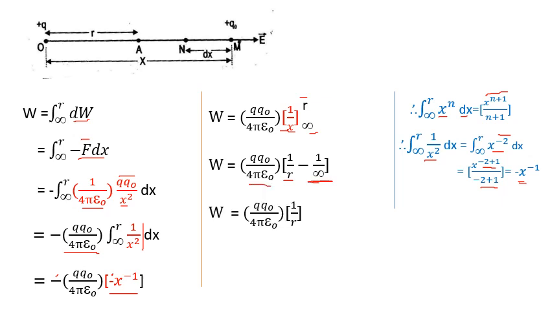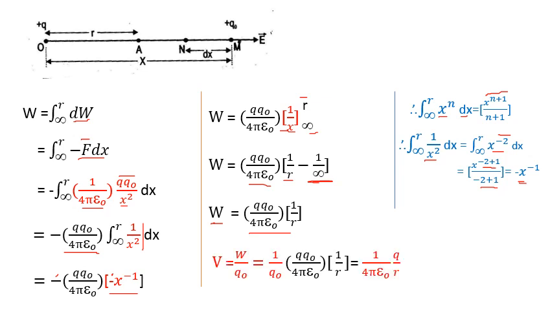Next to this, we will get this step, q0 upon 4 pi epsilon 0, 1 upon r. This is the work done. Finally, we have to find out electric potential, and as per definition, electric potential is work done per unit charge.